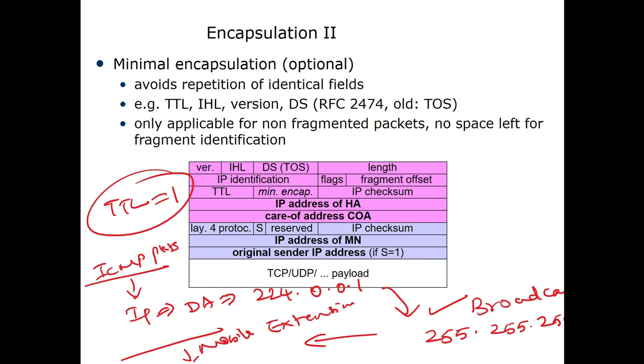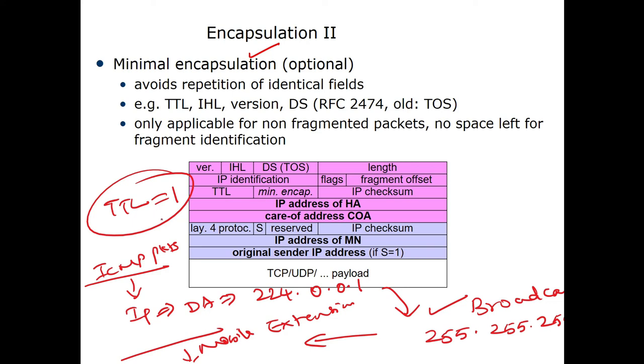Next is encapsulation 2, which uses minimal encapsulation, which is optional. Minimal encapsulation avoids the repetition of identical fields. We have different identical fields which should not be repeated again and again.